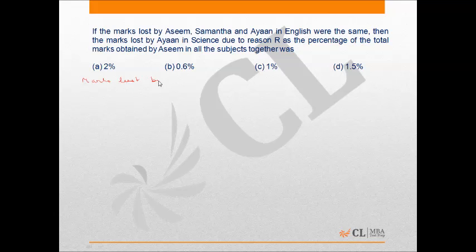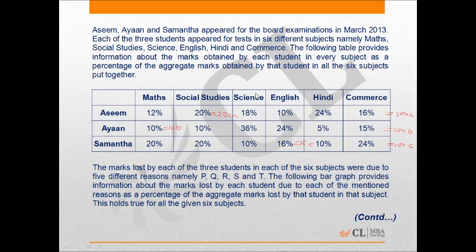Marks lost by Asim in English, lost by Ayan in English, lost by Samantha in English. Let's find it out. Marks obtained by Asim in English is 10A, so the marks lost by him in English should be 4A.